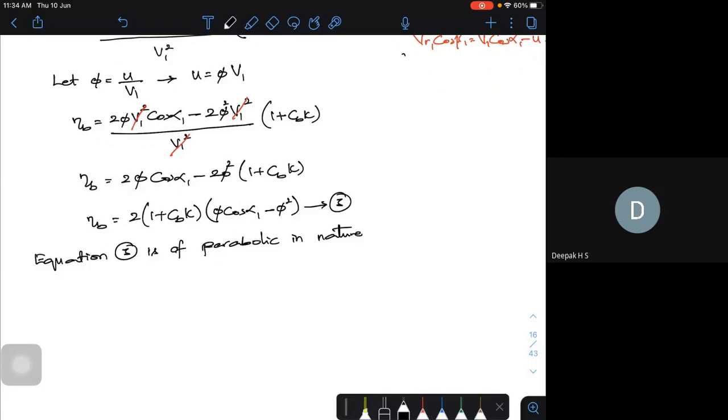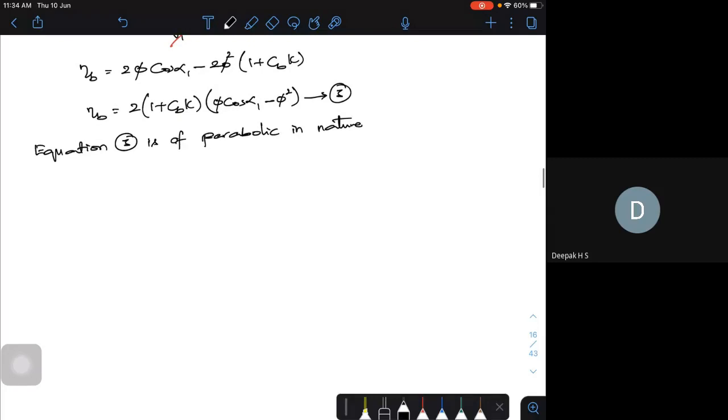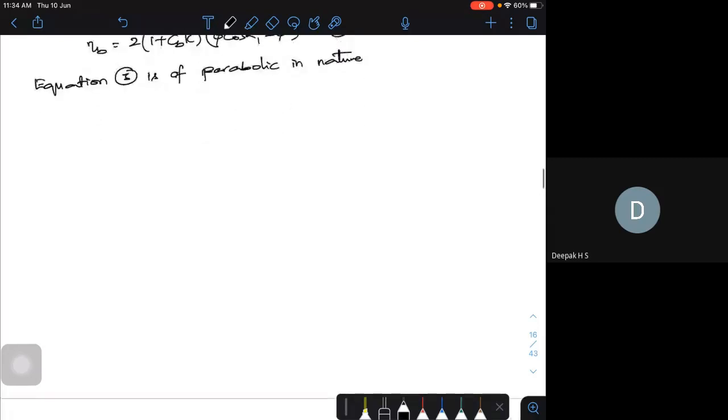Okay, so if I try to plot a curve, on the y-axis is the efficiency, blade efficiency, and on the x-axis is your speed ratio.